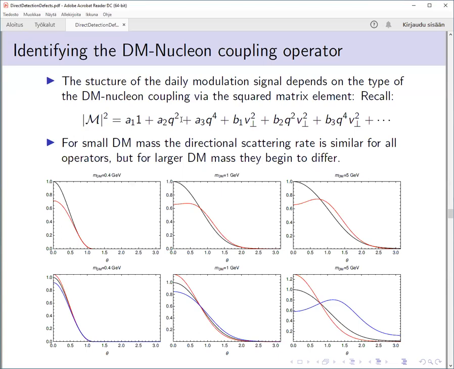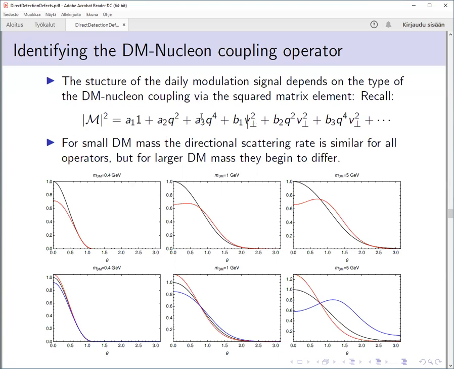Based on the Galilean invariance of this effective theory, there are only a few types of combinations that can appear. They are the even powers of the momentum transfer Q, and then the even powers of the velocity transverse to the scattering direction, this V perp. So that's why there is a well-defined basis of operators that can appear.